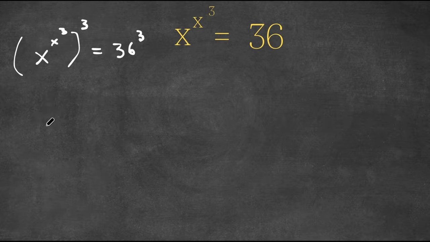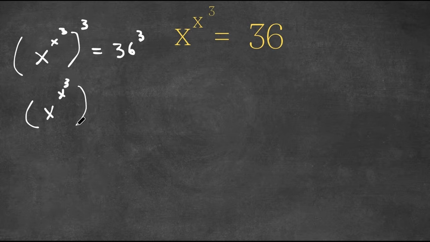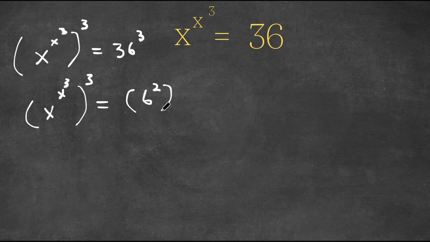Now, 36, well, this is equal to 6 squared, right? So now we have x to the power of x to the power of 3 to the power of 3 is equal to 6 squared to the power of 3.